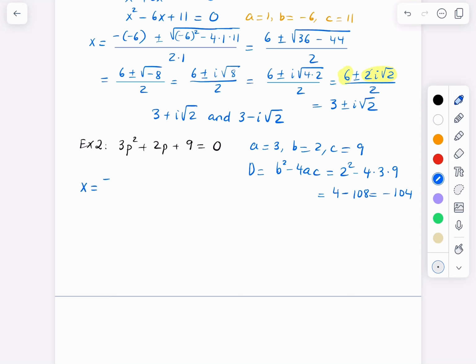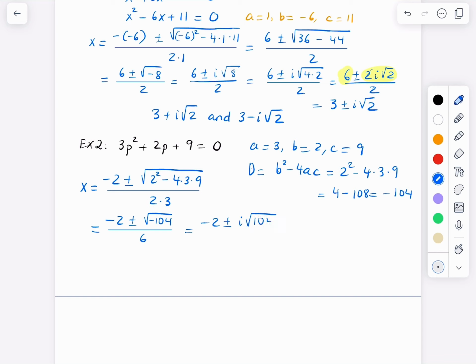So the quadratic formula, negative b plus or minus square root of b squared minus 4ac over 2a. And that is negative 2 plus or minus, we already calculated the discriminant, that's negative 104, over 6. Now, the square root of negative 104 will become i square root of 104. Now we have to think, is there a perfect square that goes into 104?